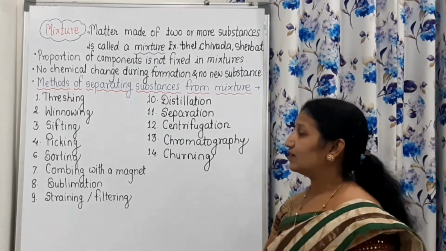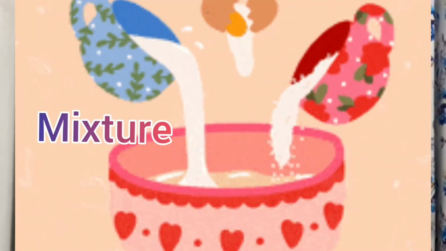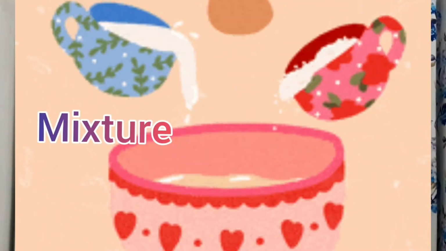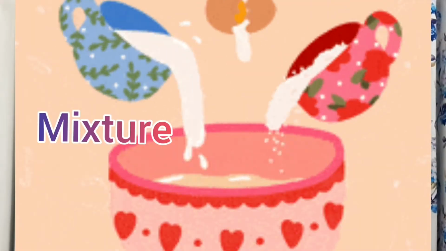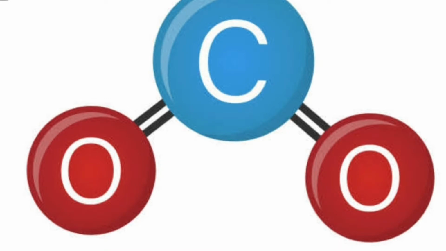And mixtures have some properties. For example, the proportion of components is not fixed in mixtures. In compounds, if you see the constituents of carbon dioxide, 1 carbon and 2 oxygen atoms are there, and they form CO2.